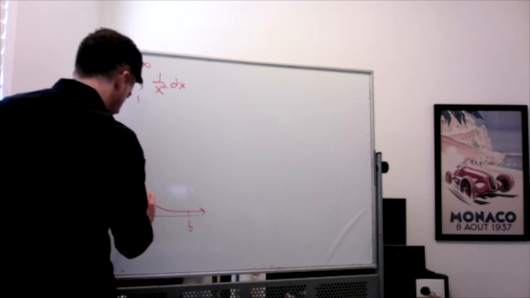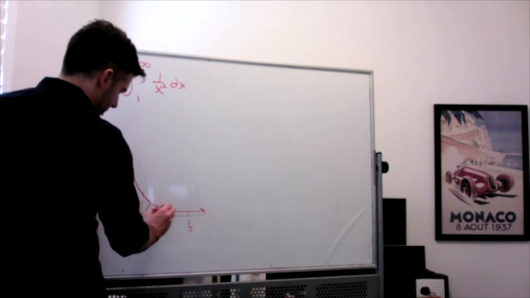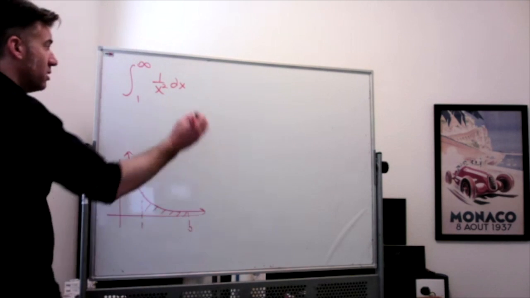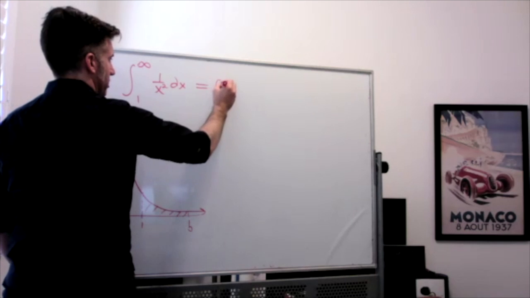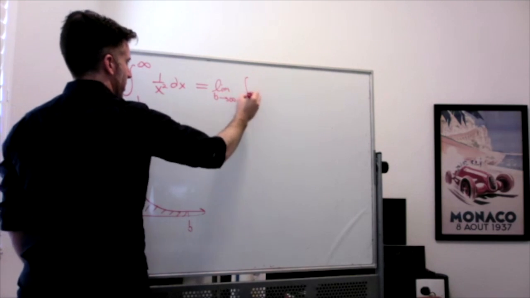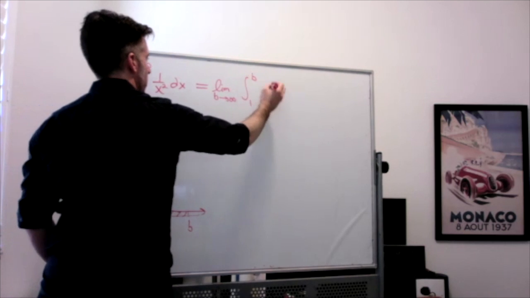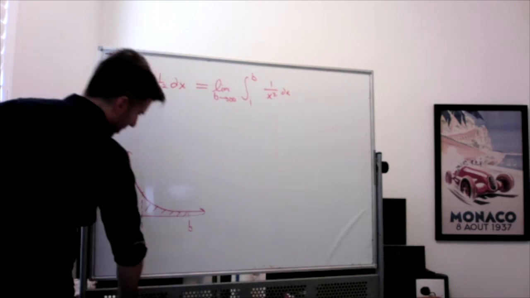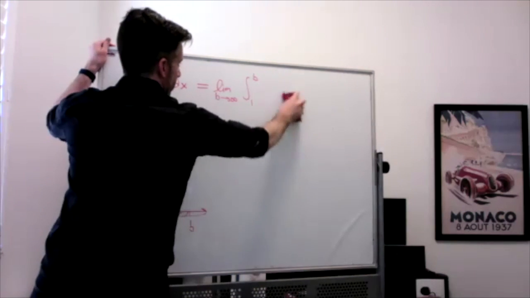And again, we're going to say, well, let's just find the area under the curve from 1 to b. So we're going to rewrite this as the limit as b goes to infinity of the integral from 1 to b of 1 over x squared dx. Or you might even rewrite that as x to the minus second.